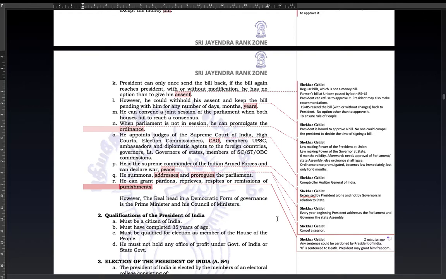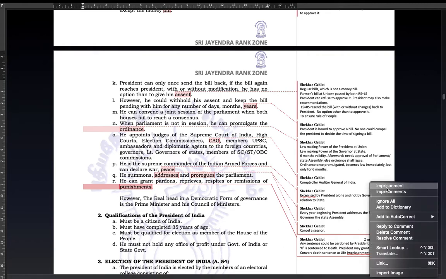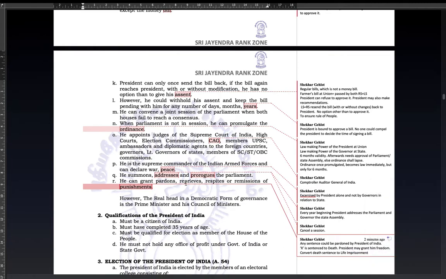He may provide remission, like he may convert a death sentence to life imprisonment. That is called remission. Okay, or he may also provide some breaks. That sentence will not operate for 2 years. A 2 years break will qualify as reprieve or respite. Okay, so the president is empowered to do so.